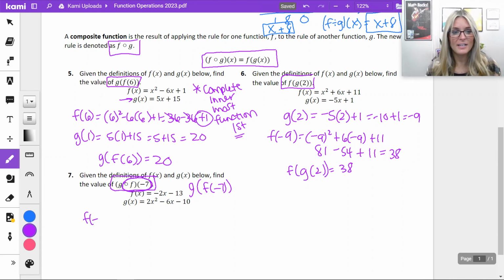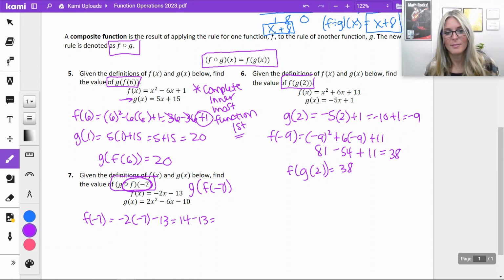So f of negative 7 is going to be equal to negative 2, plugging in that negative 7 minus 13. Negative 2 times negative 7 gives us positive 14. Minus 13 is positive 1. So plug in the 1 now into g. 2 times 1 squared minus 6 times 1 minus 10.